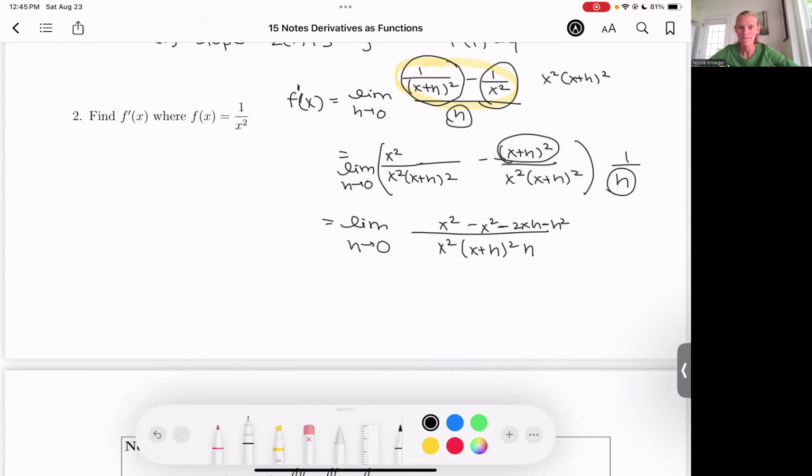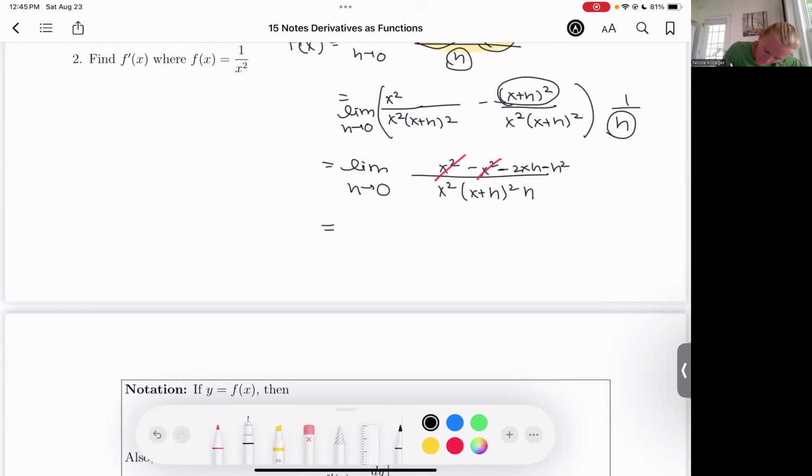Okay. And so now let's see what cancels out in the numerator. X squareds cancel out. We notice that everything in the numerator still has an h, which is good. I can pull that h out. That's always going to be our goal, is to get rid of the h from the denominator, which means we want to pull an h out of the numerator. So I can do that.